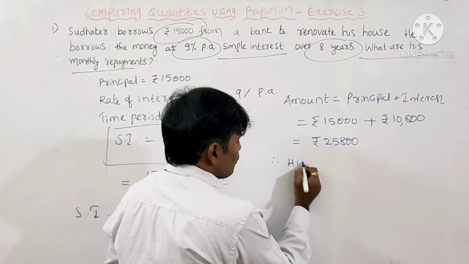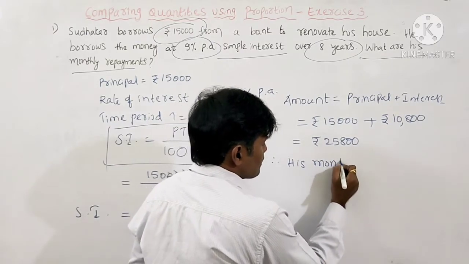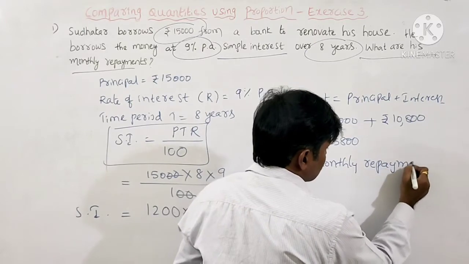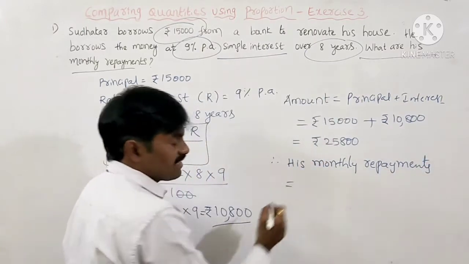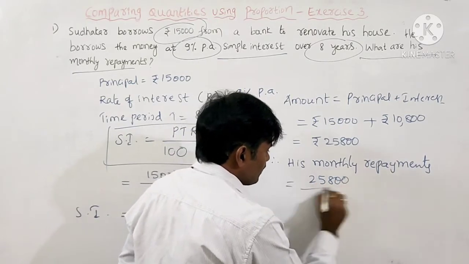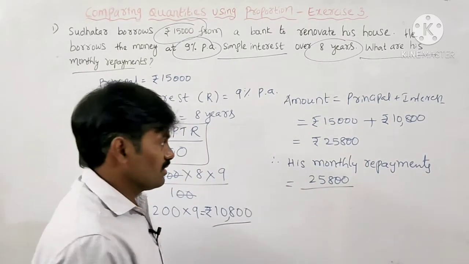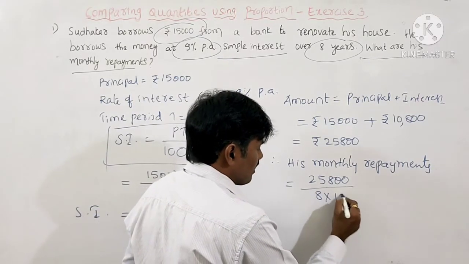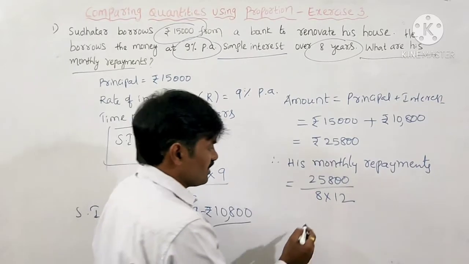So his monthly repayment is equal to the total amount 25,800 by 8 into 12.